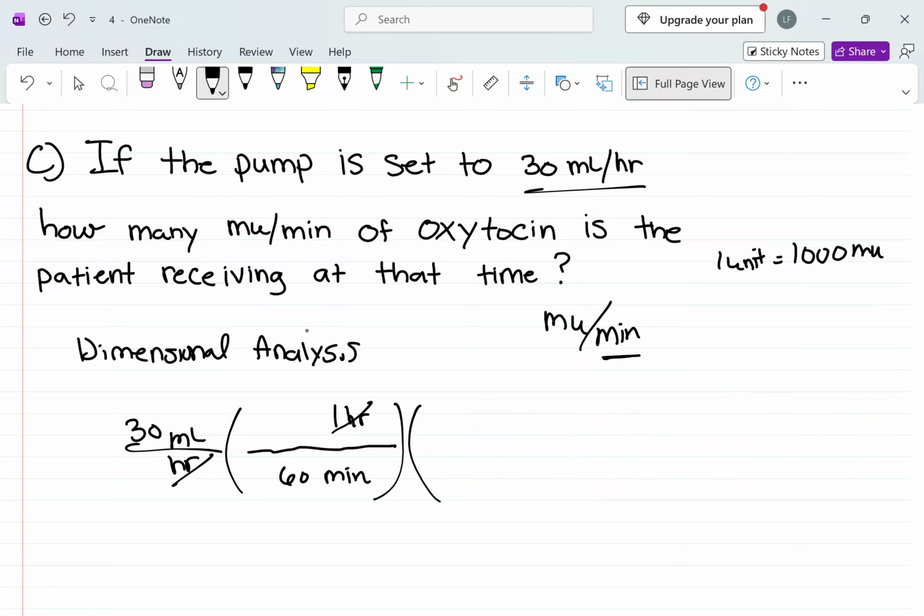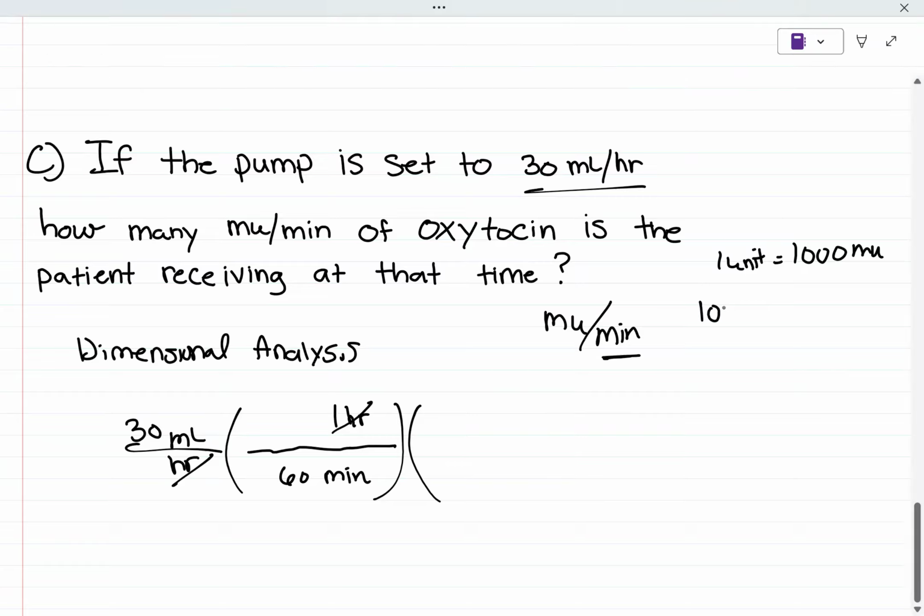Okay, so we have 30 milliliters per hour, and then we know that 1 hour is 60 minutes. Our goal is to get MU per minute. And what we got to do is, we know that 1 unit is 1,000 MU, and we also know that 10 units is 1,000 milliliters.